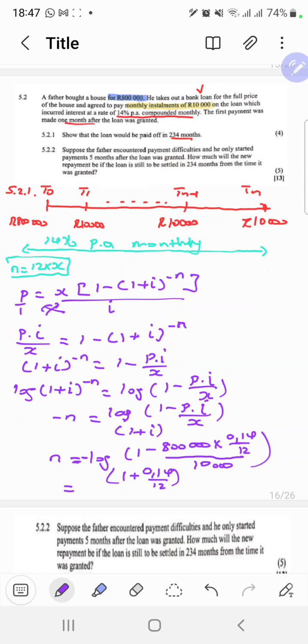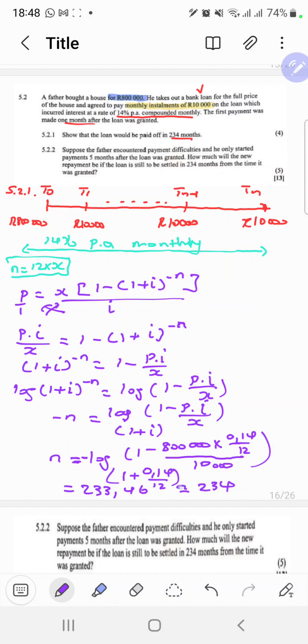So what I'm getting, guys, is a value. I didn't put the minus. So I'm getting 233.46. Okay, so to the nearest, this is approximately 234, which is exactly what they wanted me to show.